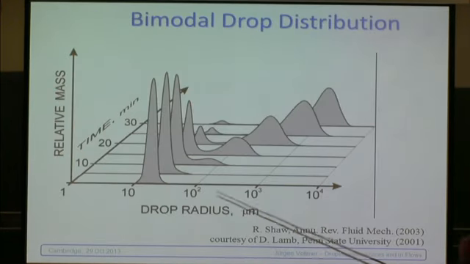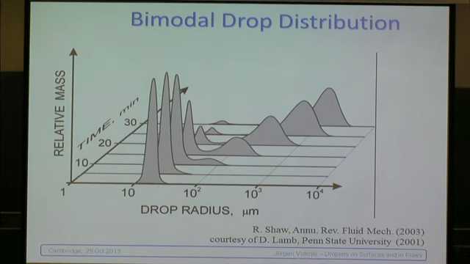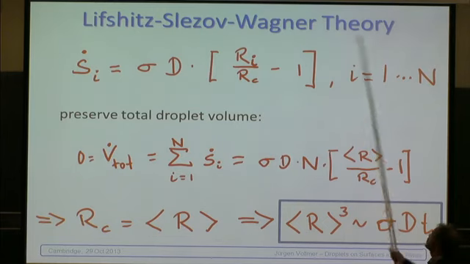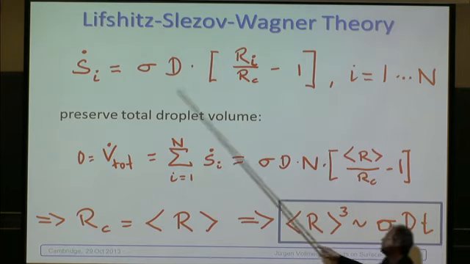So the first issue is, when you see a distribution function like that, and you want to know what it is doing in time, there is a very well developed piece of asymptotic analysis going back to the 60s, Lifshitz-Slyozov-Wagner theory, which tells us how a size distribution of droplets evolves towards equilibrium.